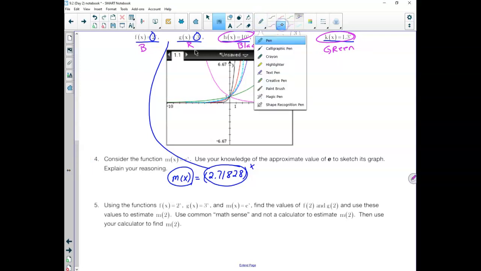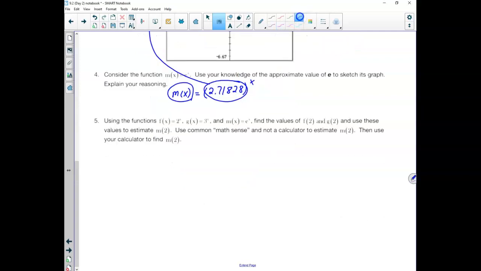So what do they want me to do with this now? Well, using functions f of x equals x squared and g of x equals 2 to the x and 3 to the x and e to the x, find values of f of 2 and g of 2 and use these values to estimate m of 2. Use common math sense and not a calculator to estimate m of 2. Then use your calculator to find m of 2.